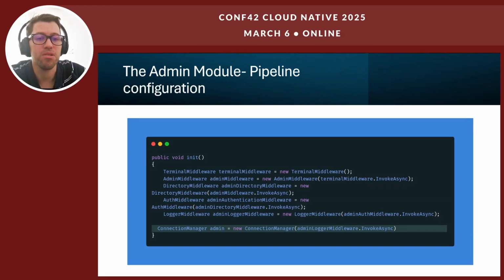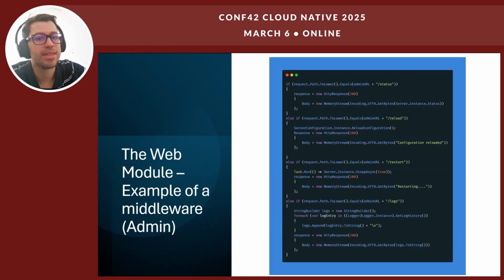We change the middleware. So we have a connection manager that is a module, and the connection manager admin this time inside of web. So we have two modules, two connection managers now, with two different pipelines. Let's take a look at the admin middleware. It's very similar to the router middleware, a little longer maybe, because this time we will not look for files or resources.